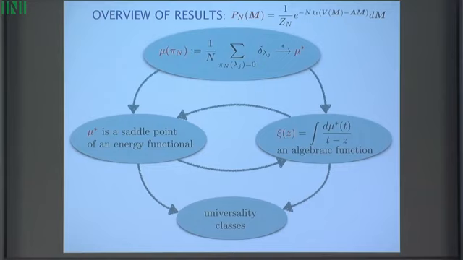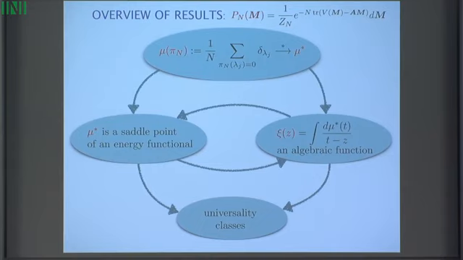Then, remember, I spoke about minimizing a certain energy. Is there any analog for this electrostatic problem? In this case, it will no longer necessarily be a minimum, but a saddle point of a certain energy functional. And finally, it's also very interesting in this theory to know what kind of universal behavior, different behaviors, you can get, for instance, at the endpoints of the support of the measure and so on.